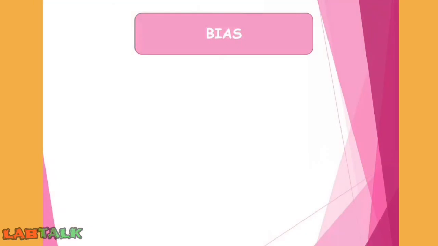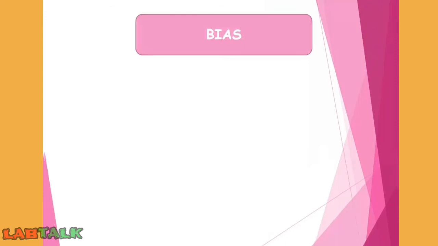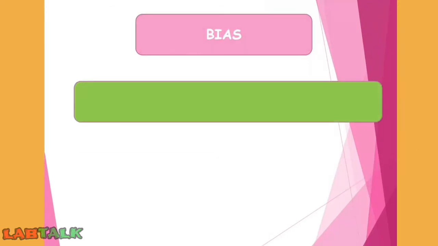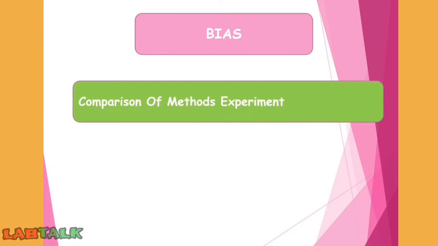The next step is to estimate the bias. Now this bias can also be estimated with two different approaches. One is the comparison of method experiment which the laboratory performs in-house during the performance verification or test verification process, where the laboratory has already performed the bias experiment or accuracy experiment. So the bias can be collected using the same experiment.